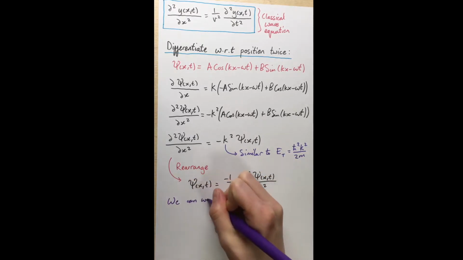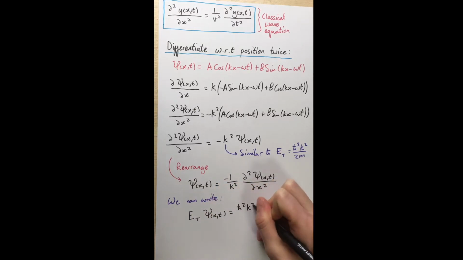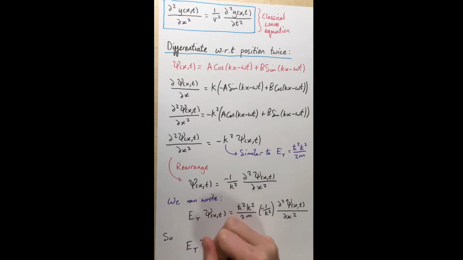We can now write an expression for the total energy times the wave function in terms of the second derivative with respect to position, like so.